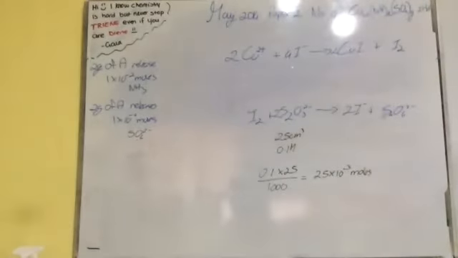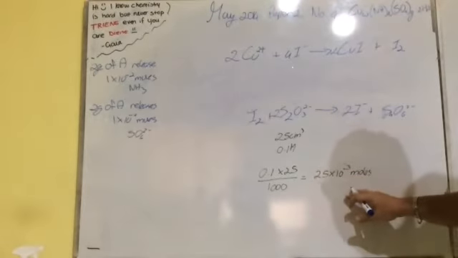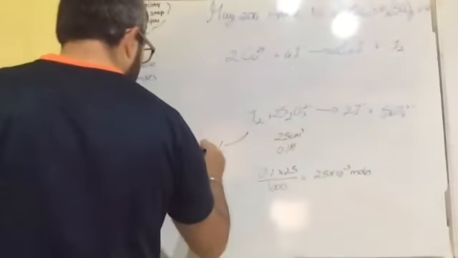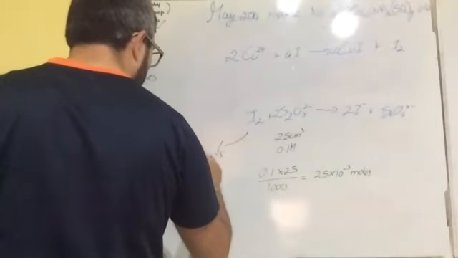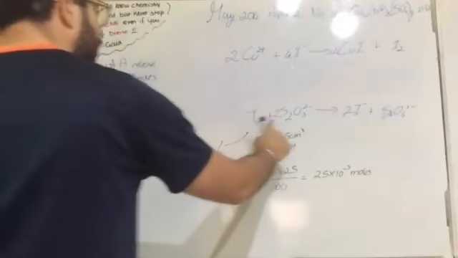So let me just confirm that number. Okay, so it is 0.1 times 25 divided by 1000, and it is 2.5 times 10 to the minus 3. But this is equivalent to 1.25 times 10 to the minus 3 moles of iodine, simply because the ratio is 1:2.